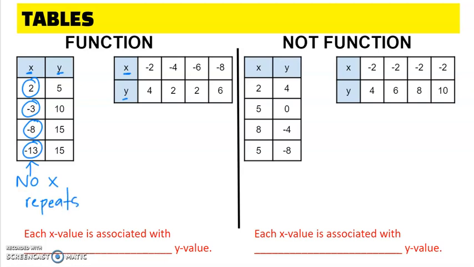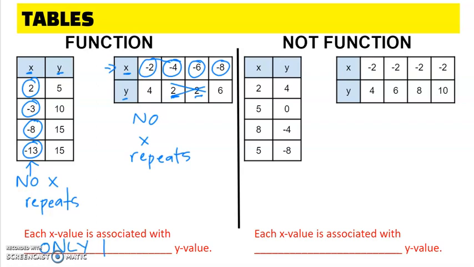That makes it a function. When I look at this one, looking at each x value, I don't care about those y's. It's just about the x values. None of them repeat. That's why it is a function. Okay, each x value is associated with only one y value.